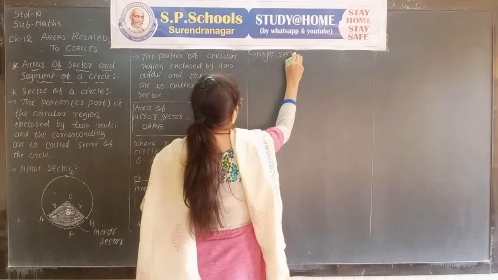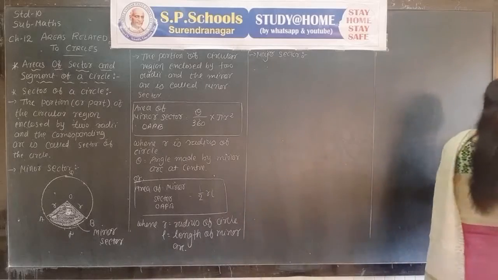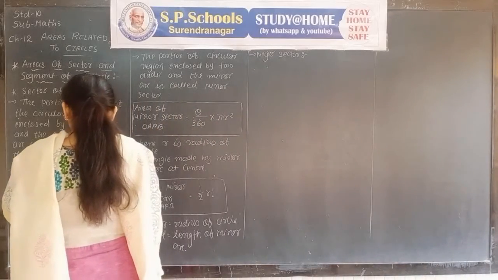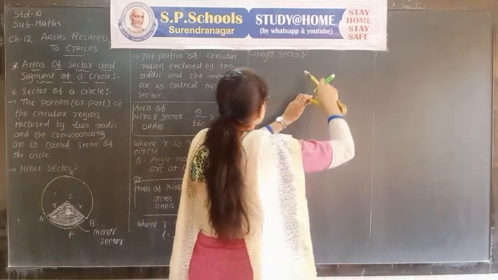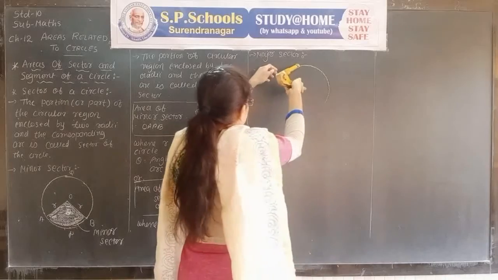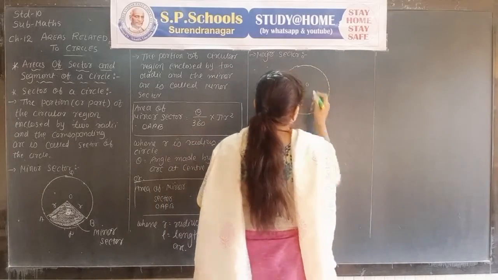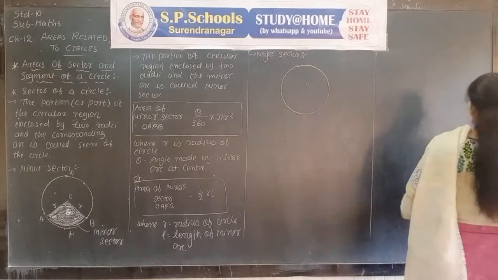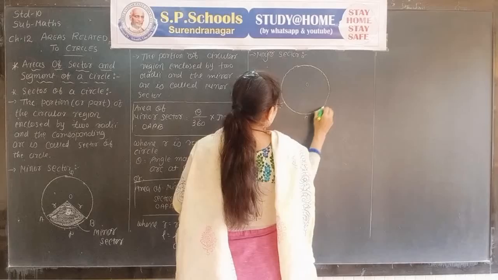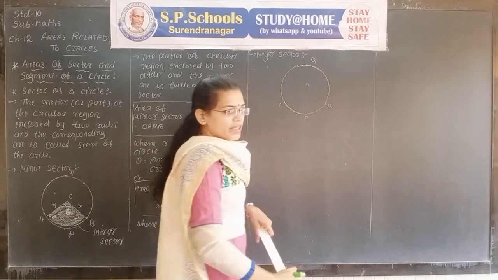Now see the major sector. To understand the major sector, let's draw one figure for that. Same circle, circle with center O. APB is minor arc and the AQB is the major arc.